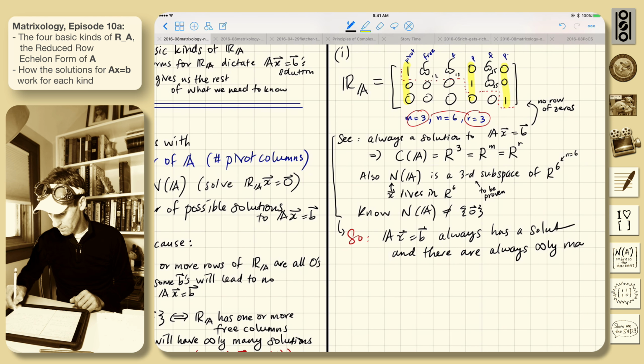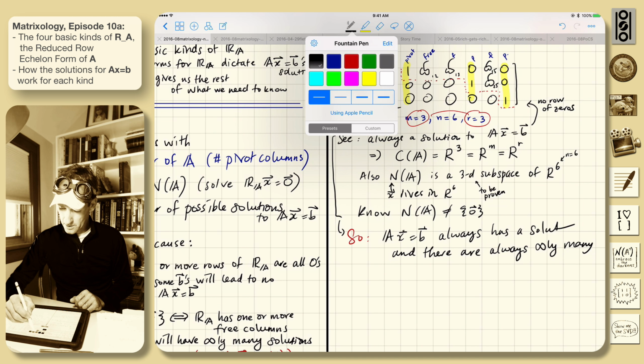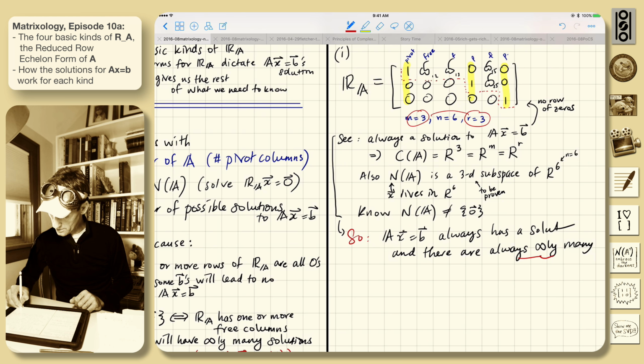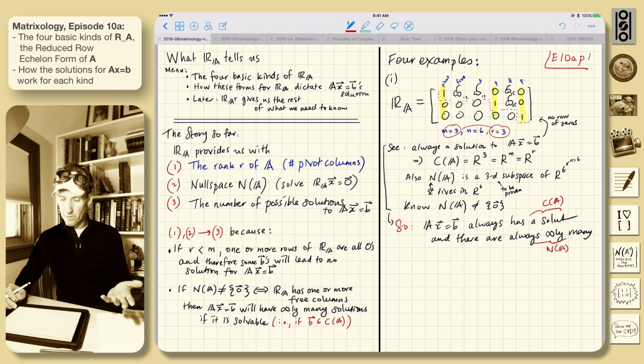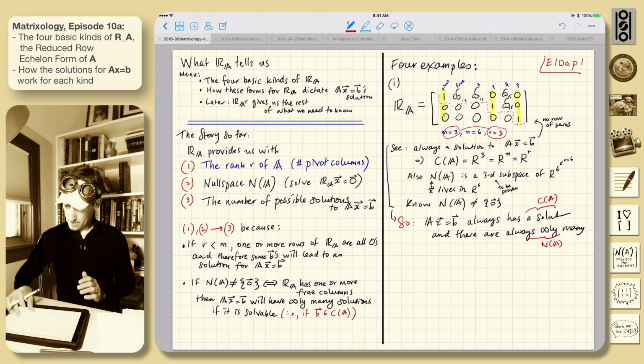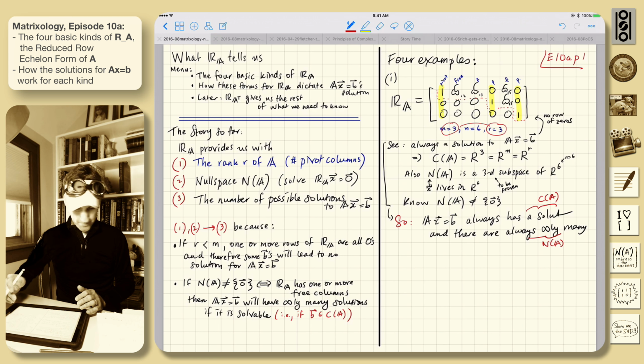And we're seeing the reasons for these pieces. So this is to do with null space, and this is to do with column space. Can you do it more than one way? All right. Good. So I'm going to call that 1.